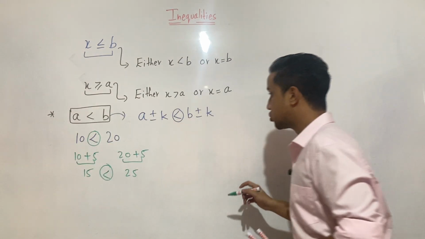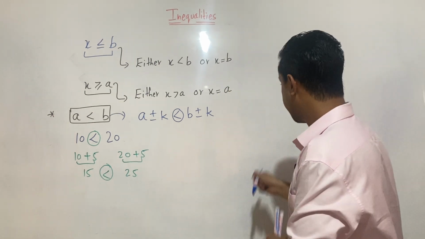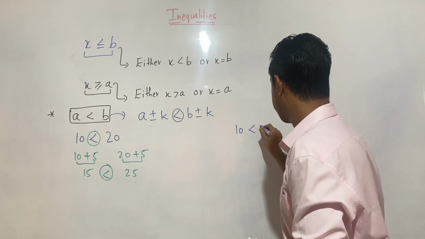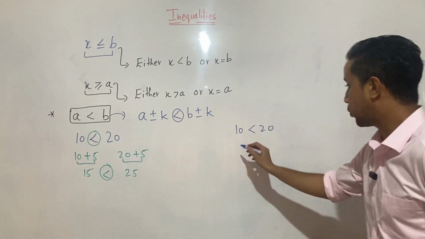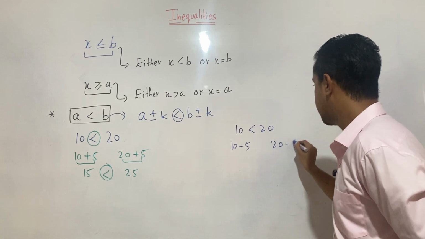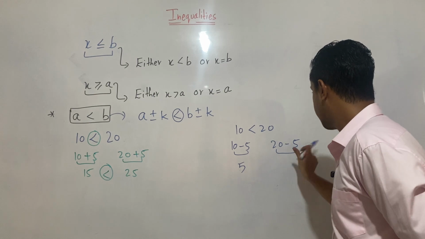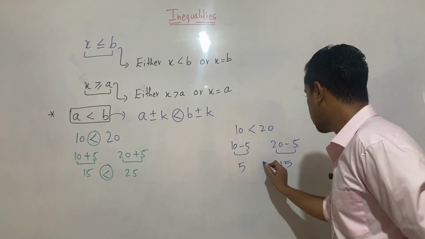Similar is the case when you subtract. Again, same example, 10 is less than 20. This time I'm going to subtract 5 from both sides. 10 minus 5, here I will get 5. Here, 20 minus 5, 15. So again, less.